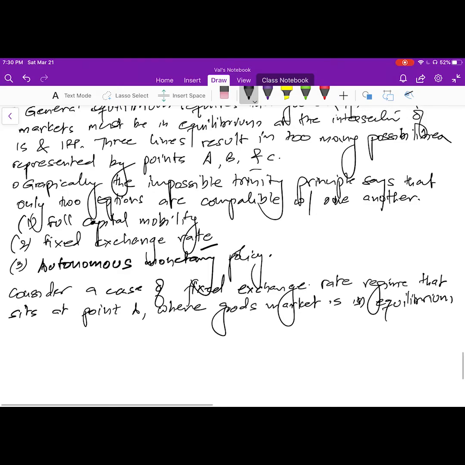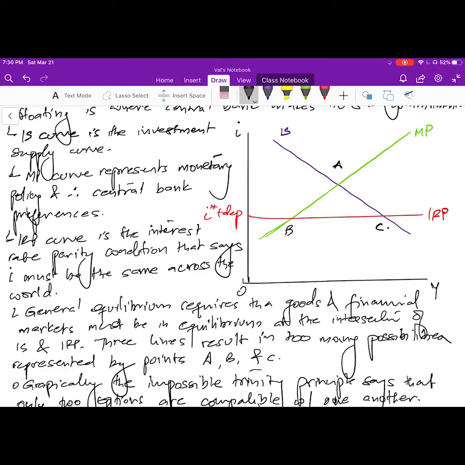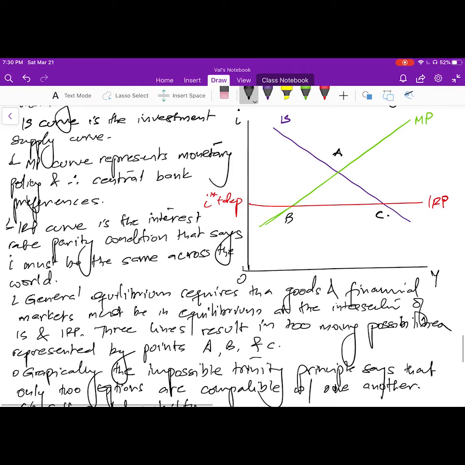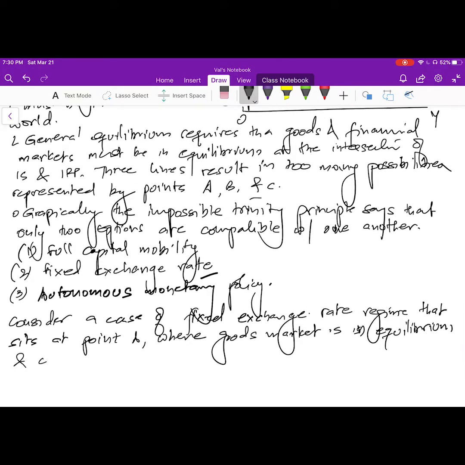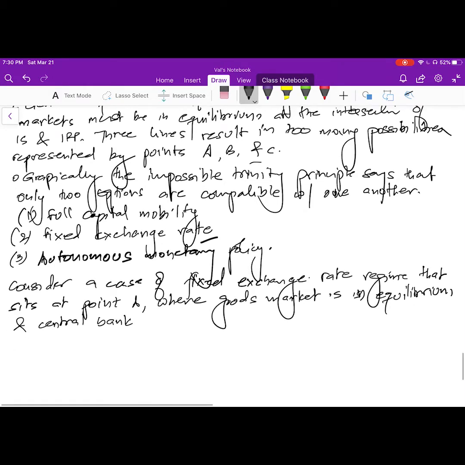Okay, it sits at point A. Point A is right here. The goods market is at equilibrium, and the central bank makes independent monetary policy, and the central bank has autonomy, right? So this country has two things going for it, right? The goods market is in equilibrium, and there's autonomous monetary policy.